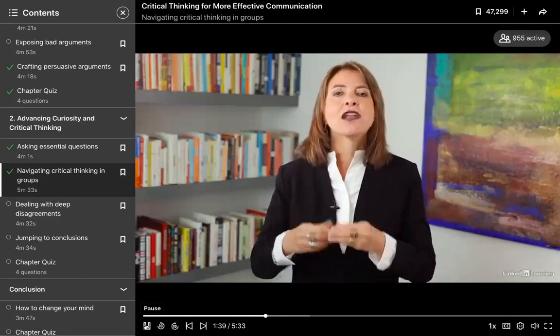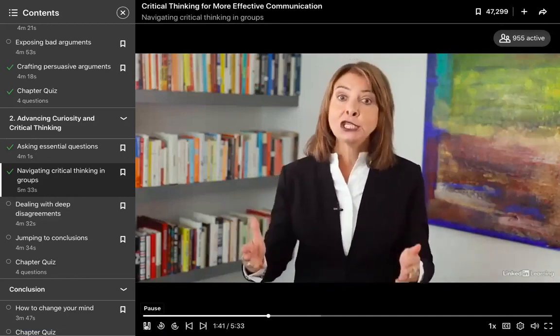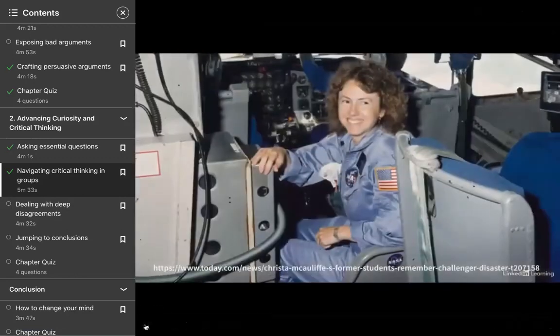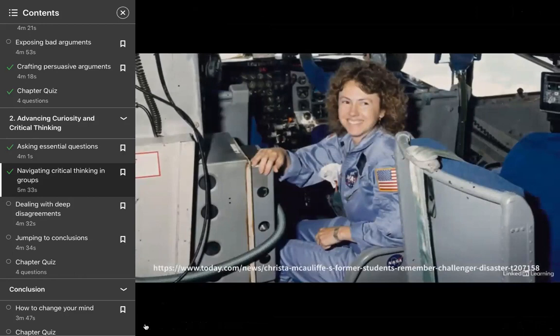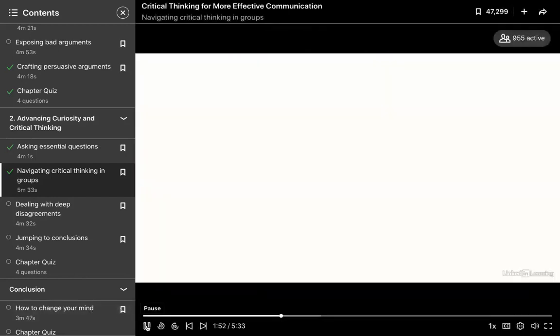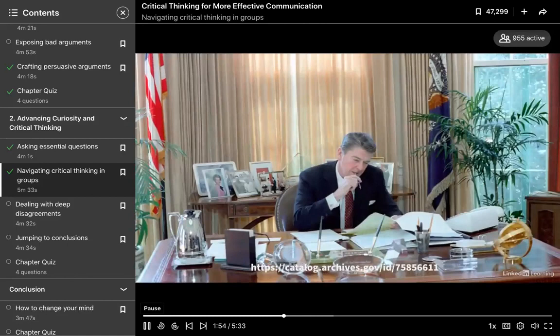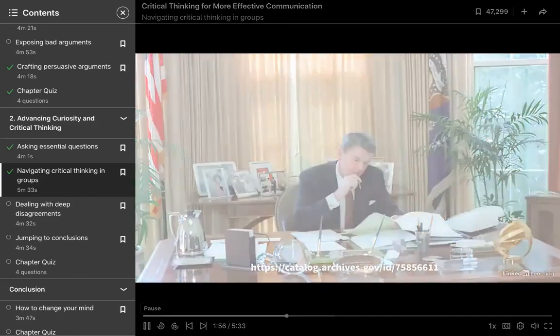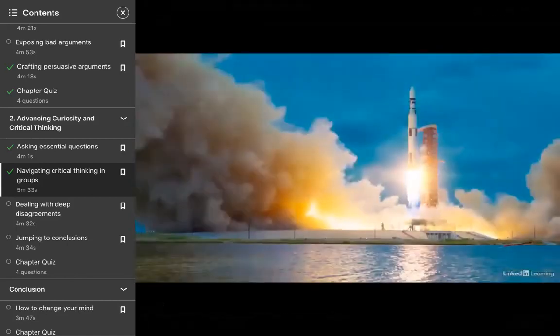The mission had already experienced major delays. Astronaut teacher Krista McAuliffe planned to broadcast a live lesson from orbit when the students were in school. President Reagan was going to celebrate the launch in his address. NASA felt massive pressure to follow through with the group's decision to launch, despite known technical challenges.